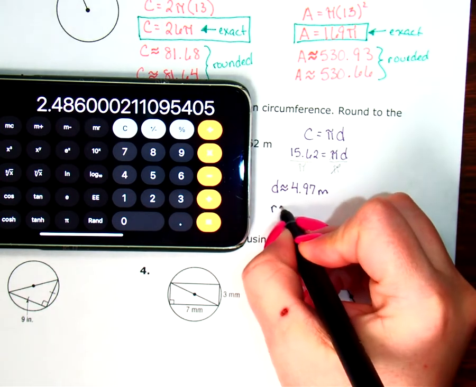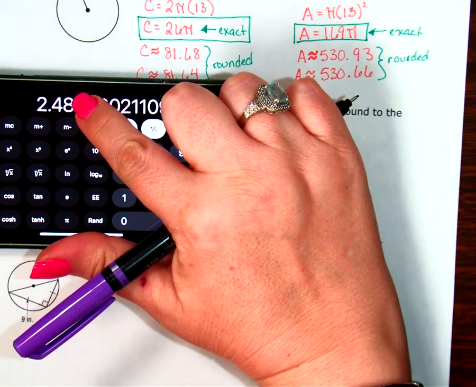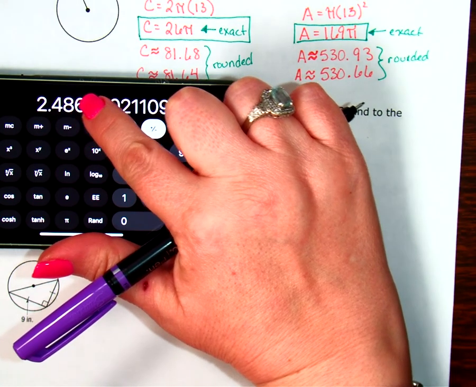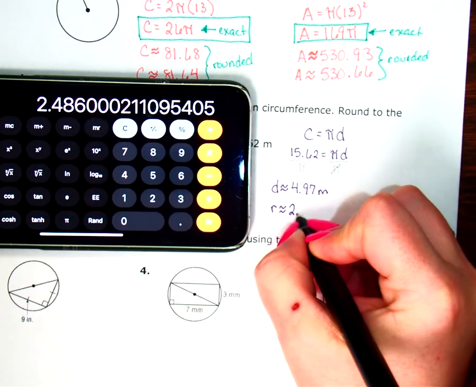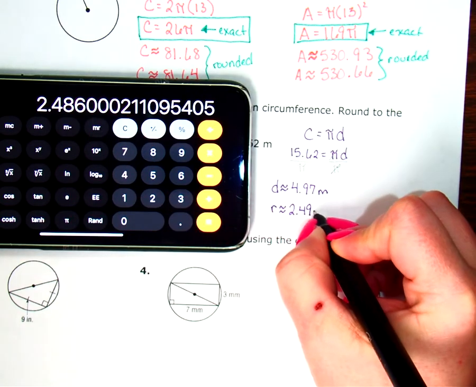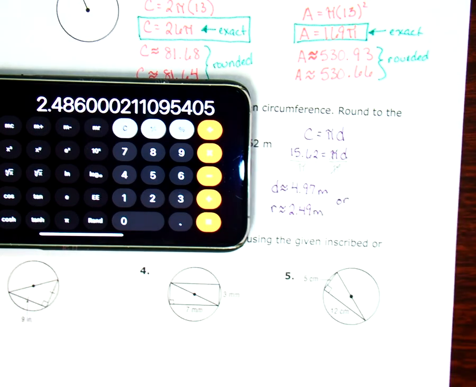So my radius is about 2.48, and after the 8 is a 6, so I am going to round that up to 2.49 meters. Or, instead of using the pi button, I could use 3.14.